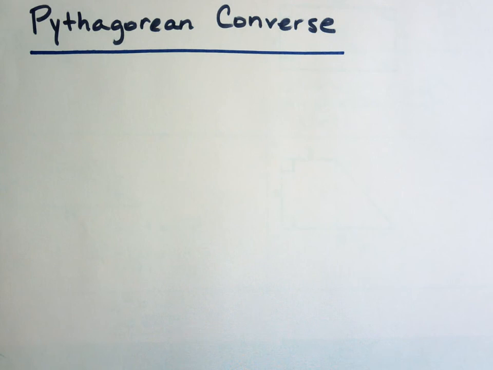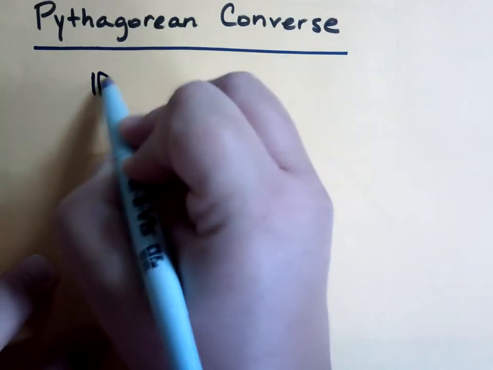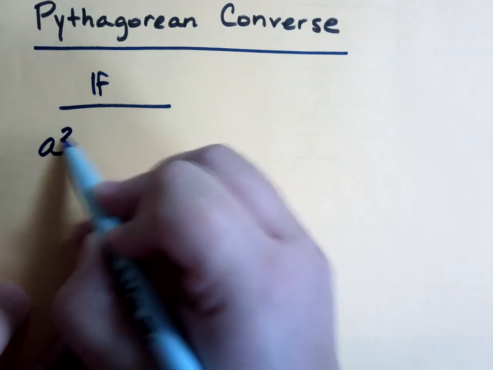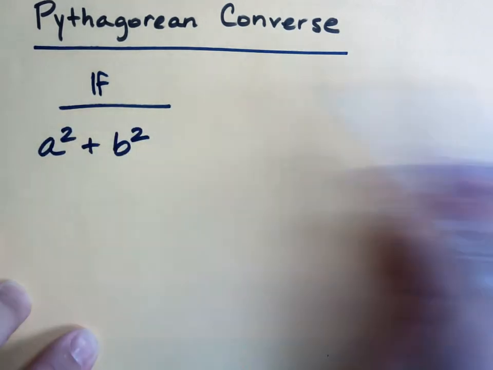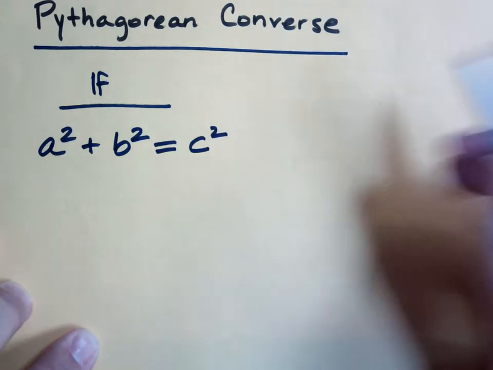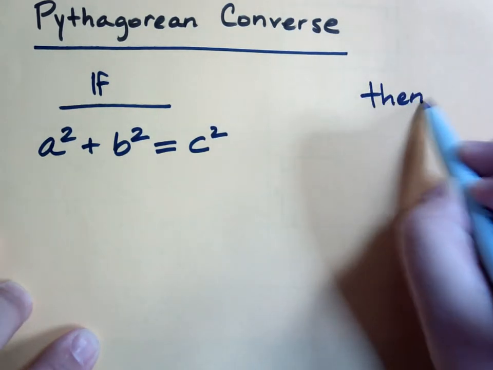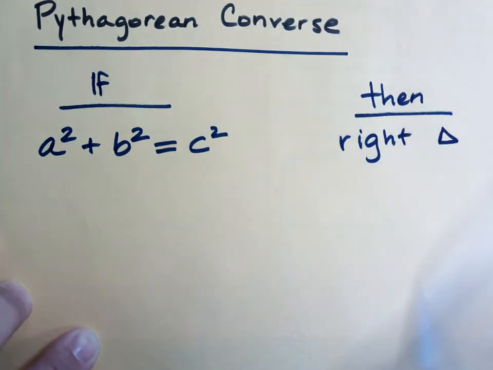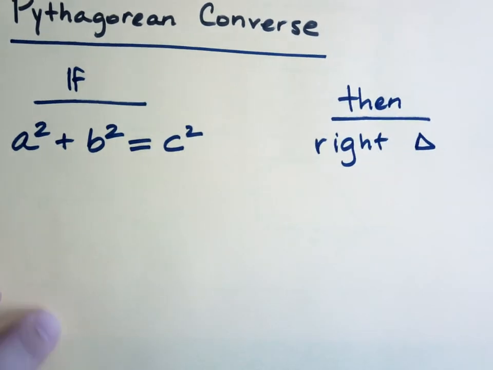It says if you know you have just a triangle and you do the two smaller sides, square them and add them, and you get the square of the bigger side, then you have a right triangle. In other words, we're going backwards.